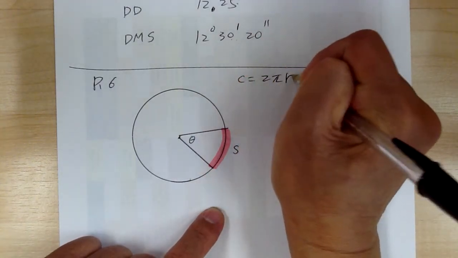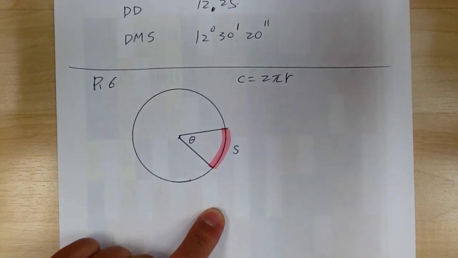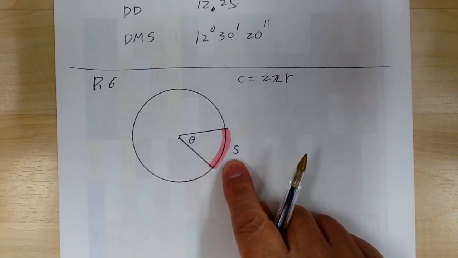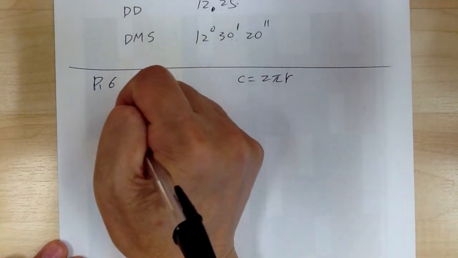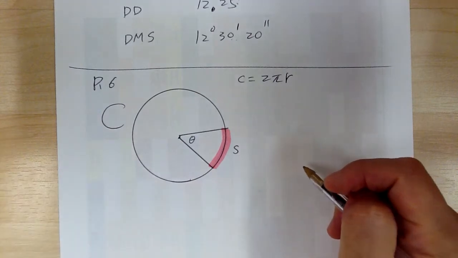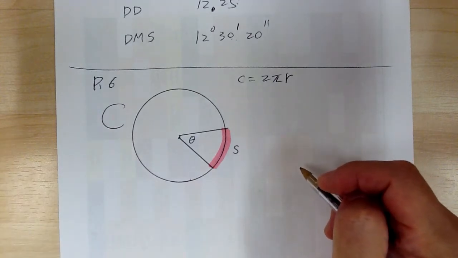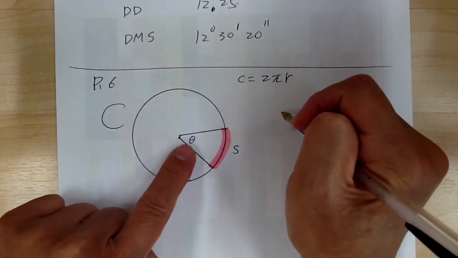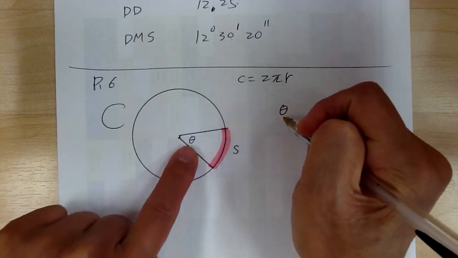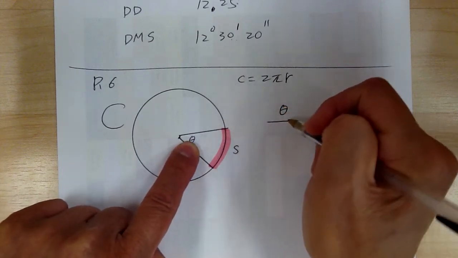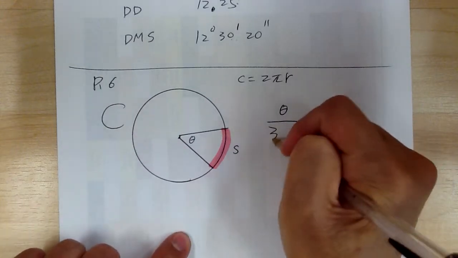2 pi r, right? Now, the way to do this is you apply, again, from your geometry, using proportions. Okay. So you have the circumference out here, right? C for circumference. So what you can do is use the ratio. So you can have the theta, the partial angle, over the entire circle, 360, right?